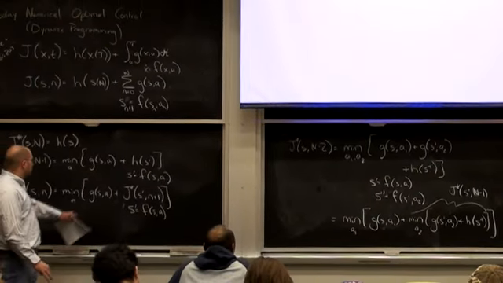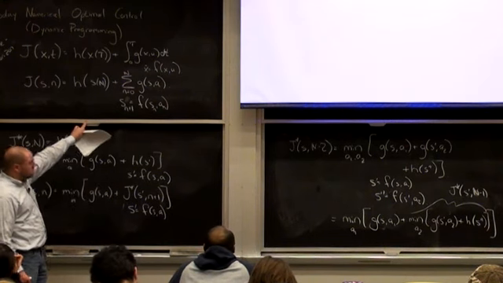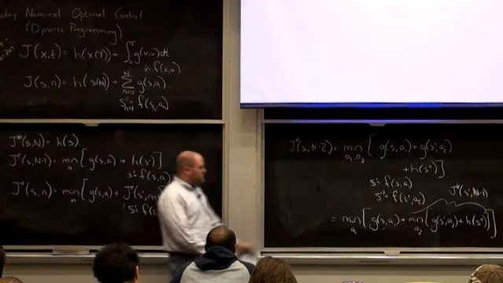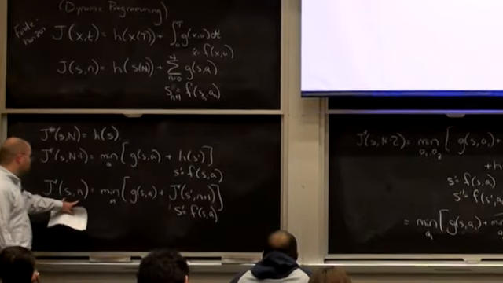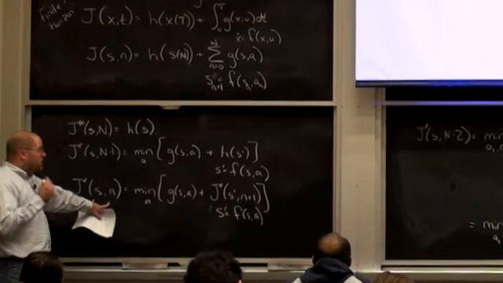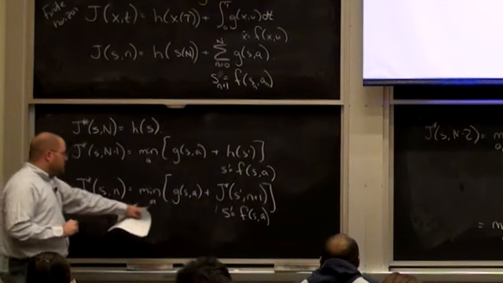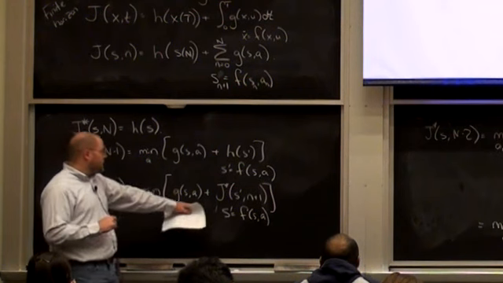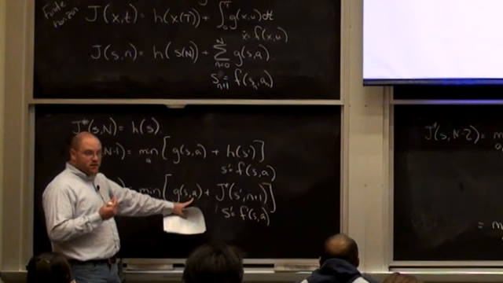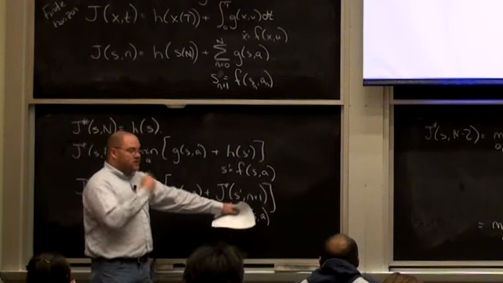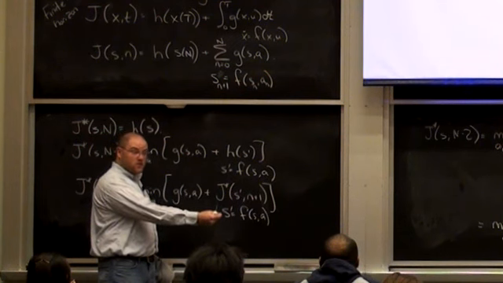So it's really the fact that we're taking this min over this additive form that allows us to write the recursive statement like this, which says the best thing I can do with additive cost is to, in a single step, take the action which minimizes my one-step cost combined with the cost I'm going to get from being in the state I transition to for the rest of time.